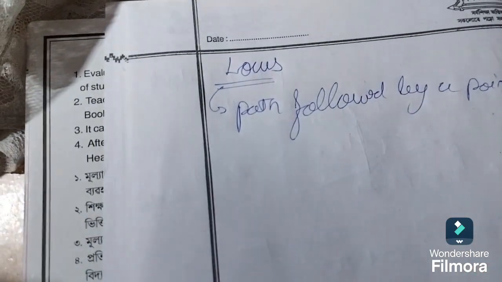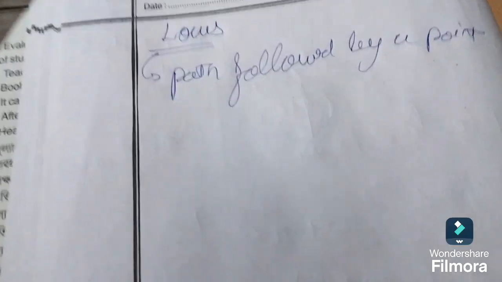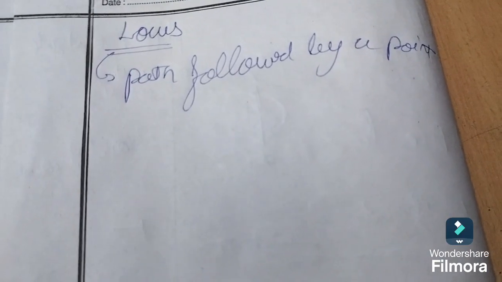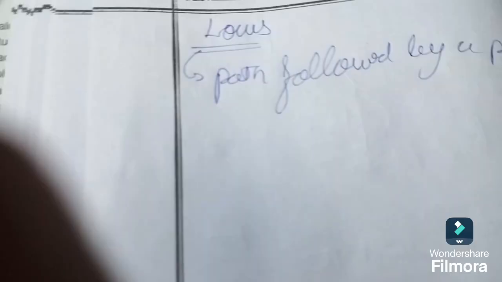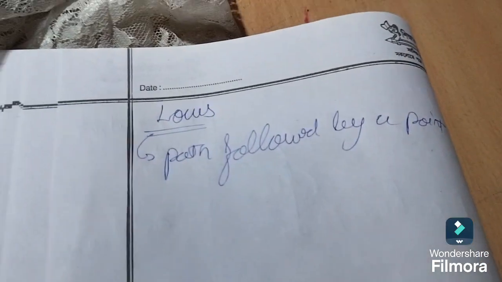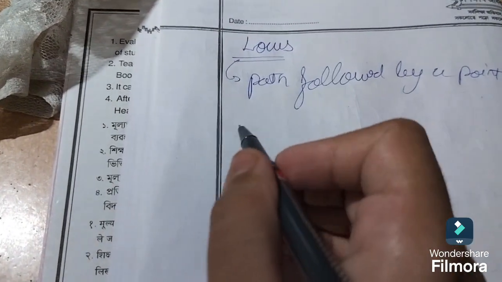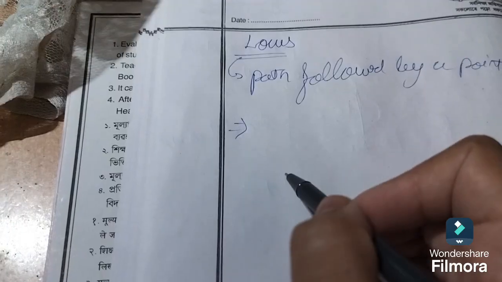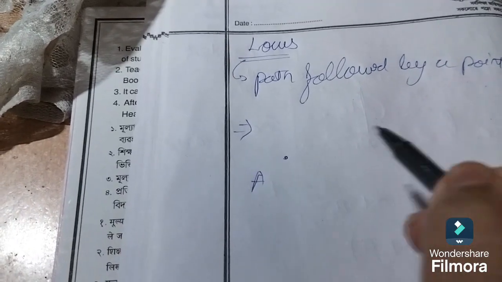Now, how can you know the path followed by a point? Let me give you an example, and by that you will understand. Basically, I am saying that there are two points, A and B.